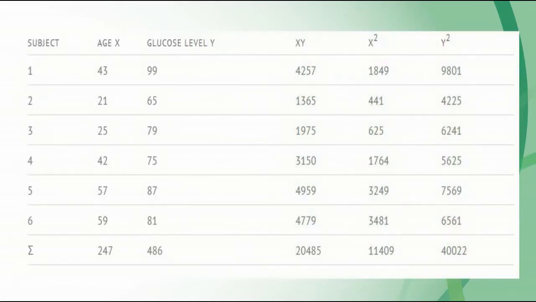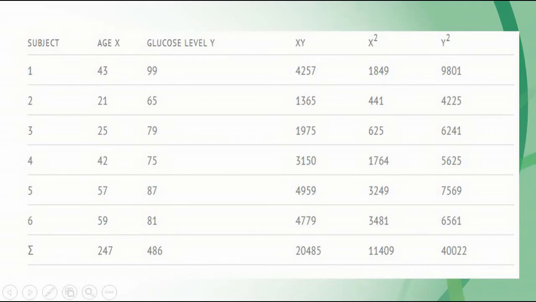Now here is the computation. For subject 1, for xy, we multiply the age and the glucose level, that is 4,257. For x squared, we square the age, 43 times 43, that is 1,849.